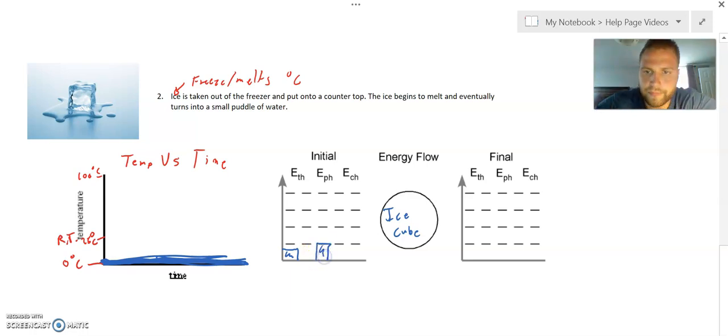So 1 bar there. Phase needs to change to 2 bars. So there's our liquid. And let's ask ourselves, is temperature changing at all in this graph? It's not at all. It's plateaued. It's flat at 0 degrees C. So our temp is still going to be a half bar for frozen.